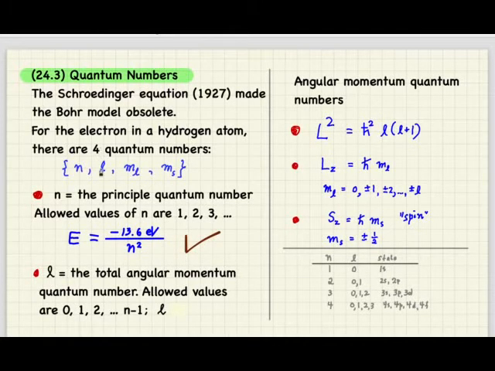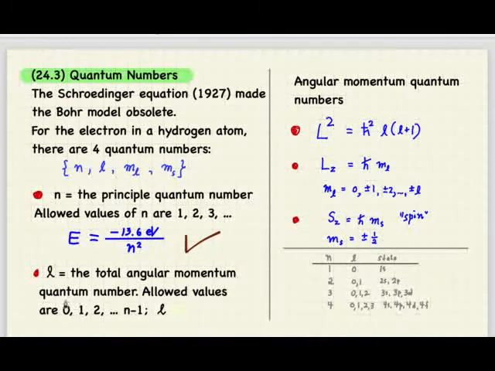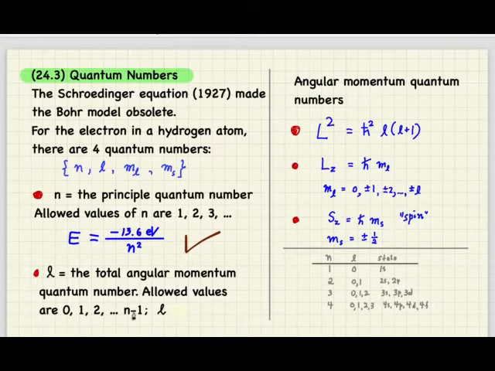But in the Schrodinger equation, there are also angular momentum quantum numbers. So l is called the total angular momentum quantum number. And the allowed values of l are 0, 1, 2, 3, 4, and so on, up to n minus 1. They're all integers, but not all possible integers. They start at 0 and they end at n minus 1, where n is the principal quantum number.